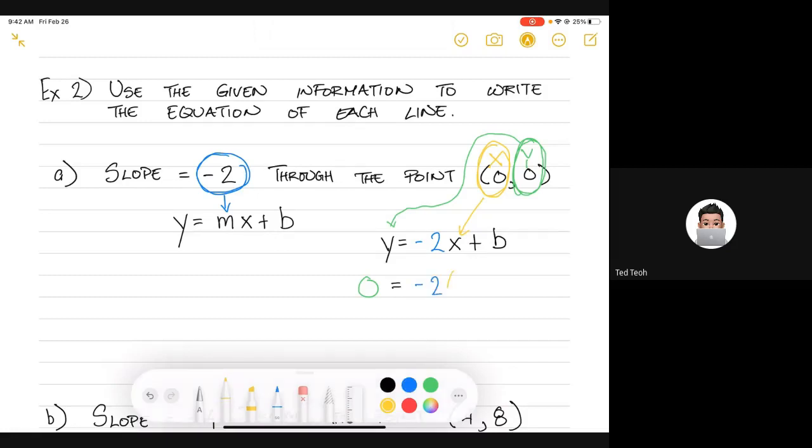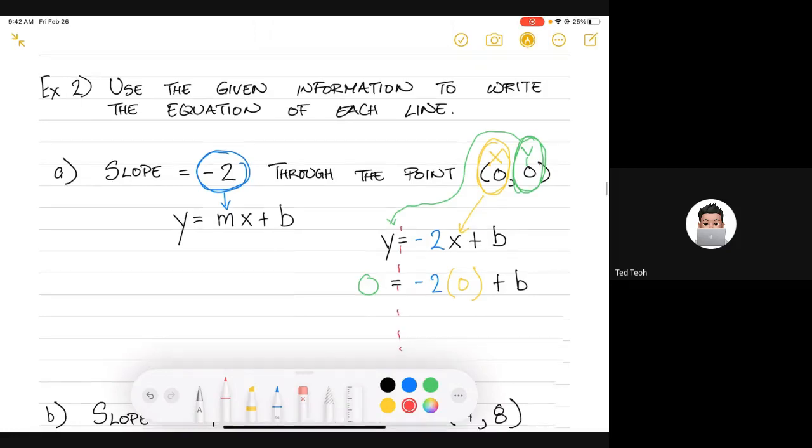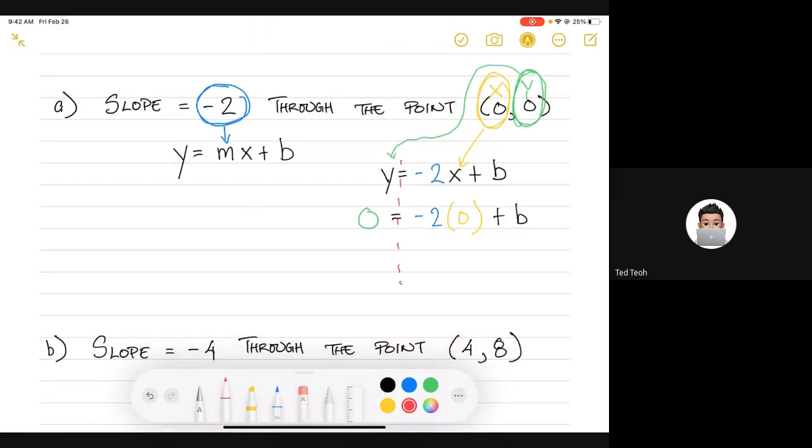Instead of x, I'm going to sub in 0. And then I have plus b. It becomes one of those questions where I have to solve for b. The 0 is still here, staying as 0. Negative 2 times 0 changes into a 0.